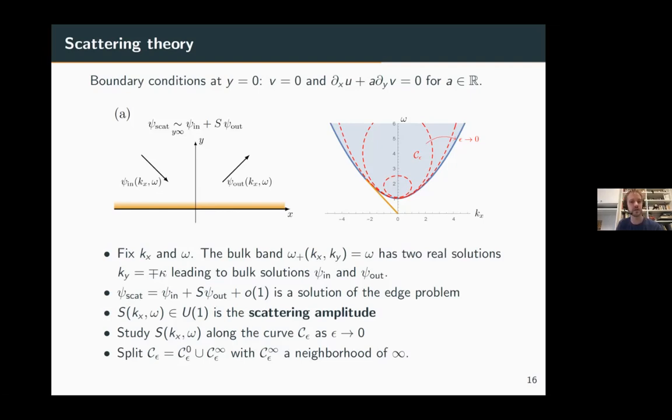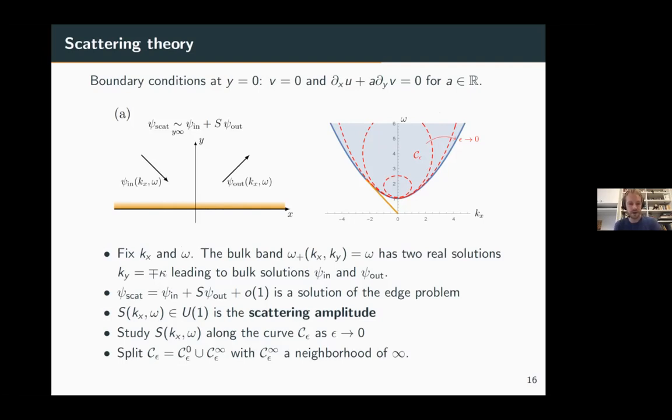Okay, it depends on the boundary condition, and it also depends on kx and omega, because all this construction is at fixed kx and omega. So this is defined for every value of kx and omega in the blue region. So we can basically explore the blue part of the spectrum in the boundary problem. Okay, so you see it contains at the same time information from the bulk and information at the edge.